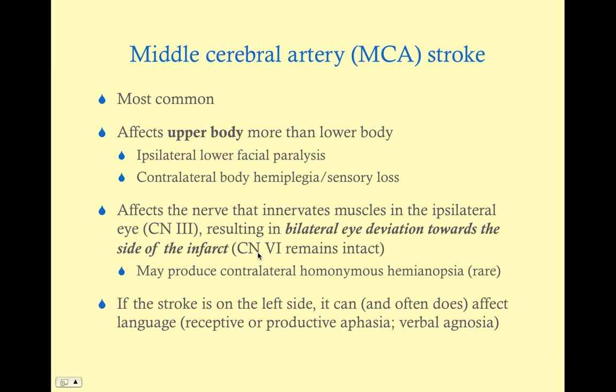So if you have a right MCA stroke, your right oculomotor nerve is not working, but your right abducens nerve is working. And so going to your right eye, because these don't decussate, you're going to have no oculomotor input to your right eye, but you're going to have normal input from your abducens nerve to the lateral rectus.